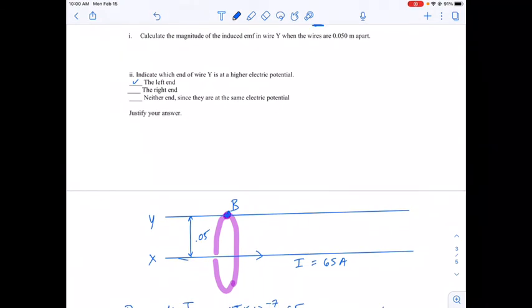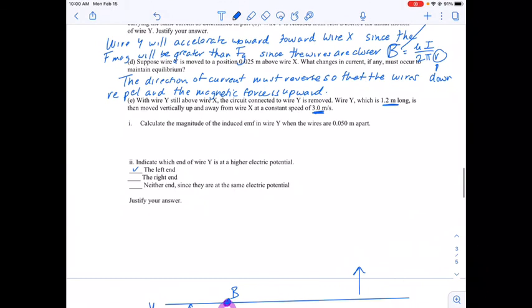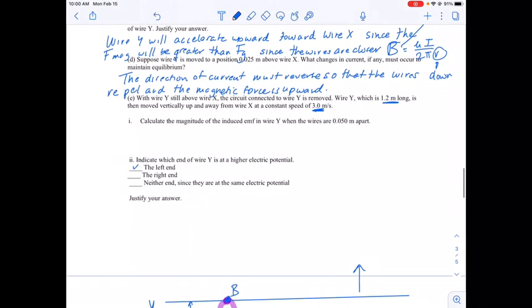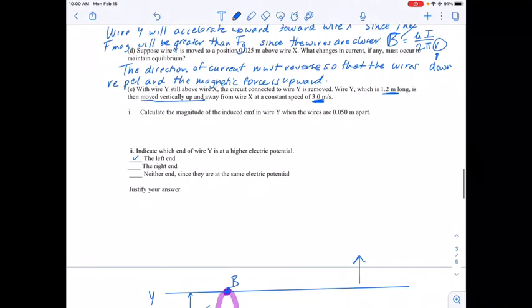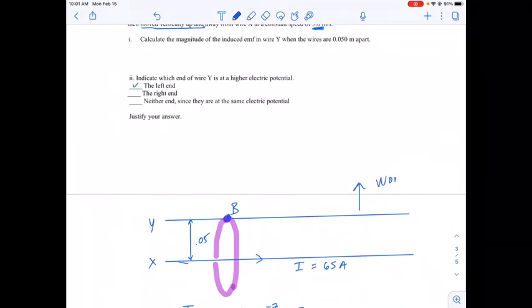So in order to, let's see, to move this, let me make sure I'm doing this right here. Okay, so this wire is being moved vertically up and away. So we're going to have to do work to do that.